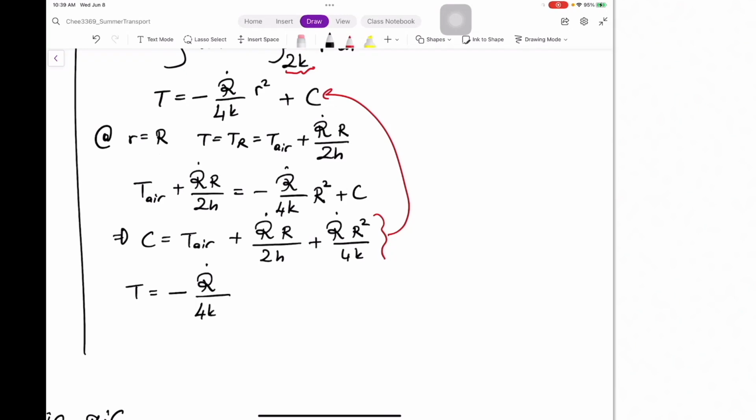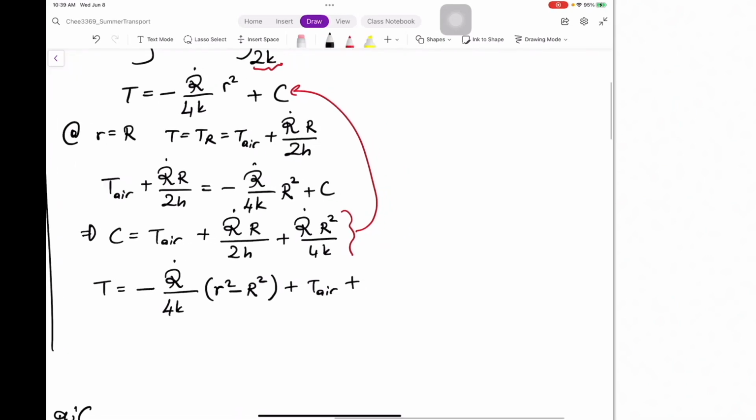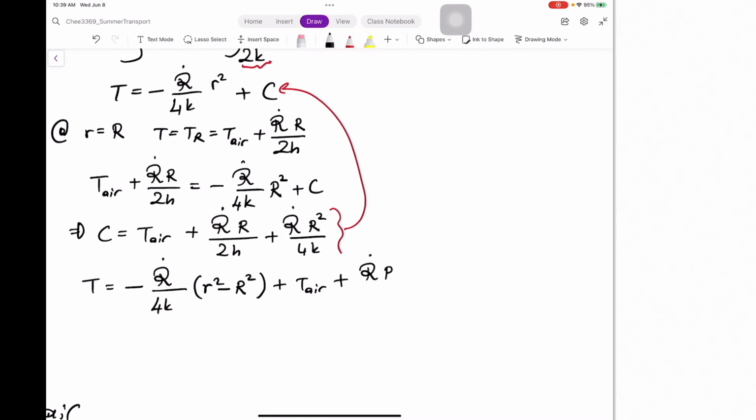After rearranging, you get fancy R dot over 4K times capital R squared minus r squared, plus T air plus fancy R dot capital R over 2H, I guess.